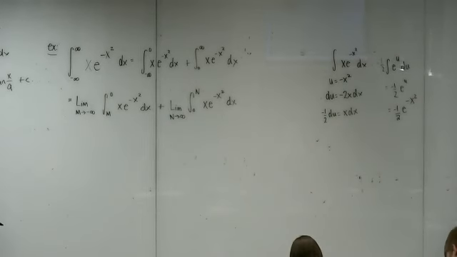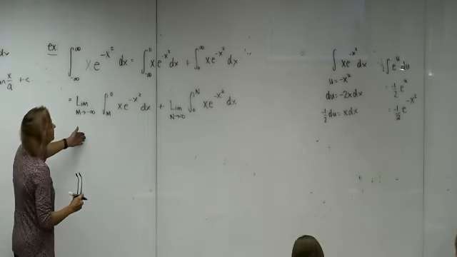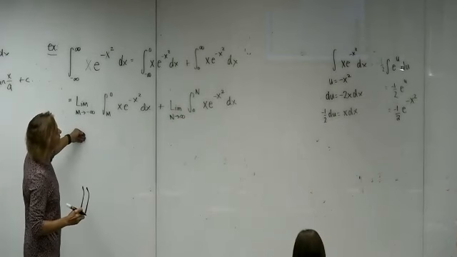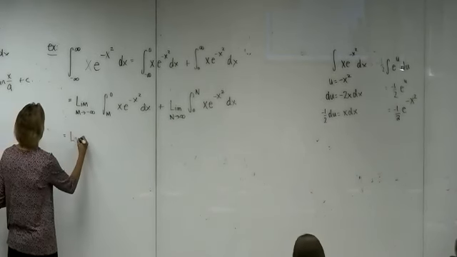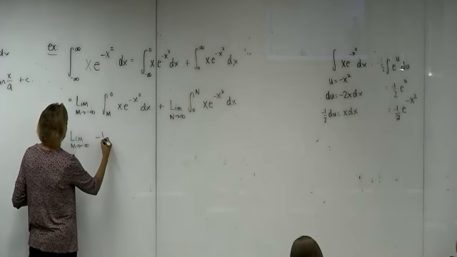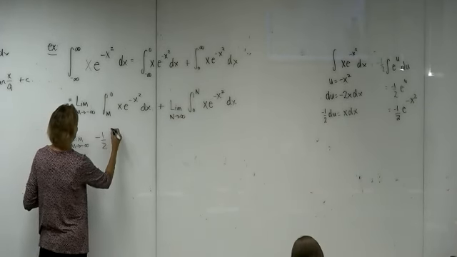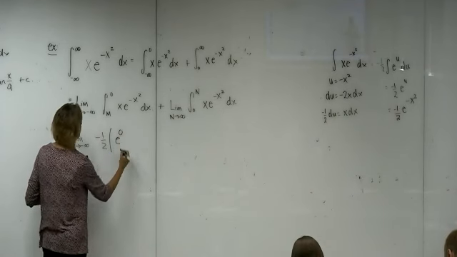My flashcards are gone. Okay, so I'm going to put that here. e to the negative x squared times the negative 1/2. But the limit as m goes to minus infinity. So minus 1/2, 0 is going to go in first. So e to the minus 0 squared.